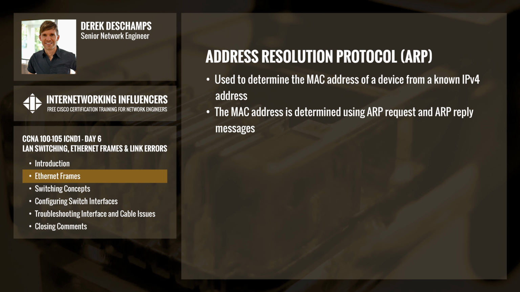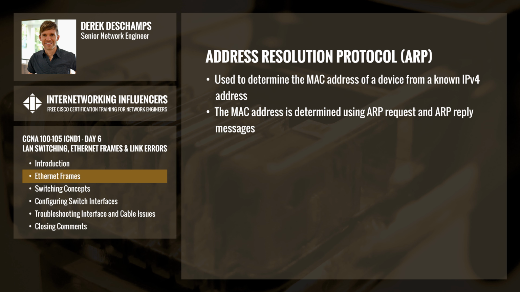Before sending an Ethernet frame, the sender must determine the MAC address of the destination host. For IP version 4 hosts, this is achieved by using the Address Resolution Protocol. The Address Resolution Protocol, or ARP, is used to determine the MAC address of a device from a known IP version 4 address.